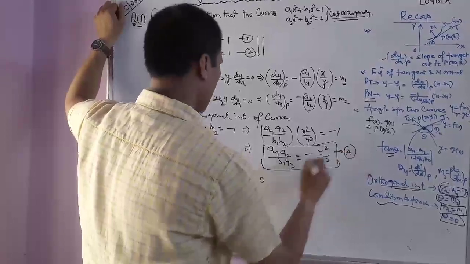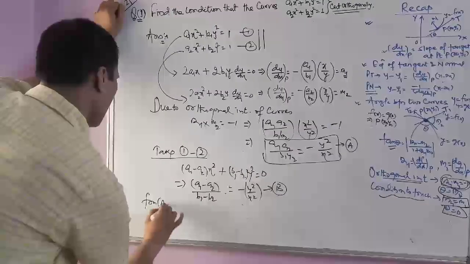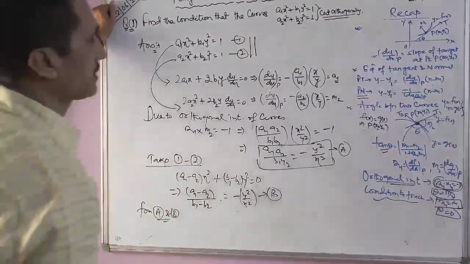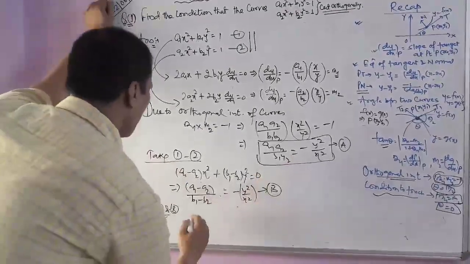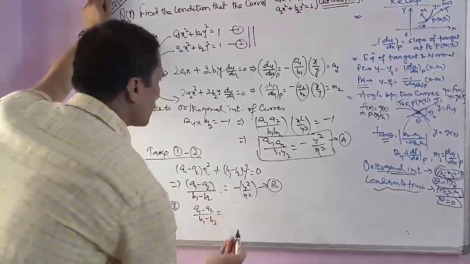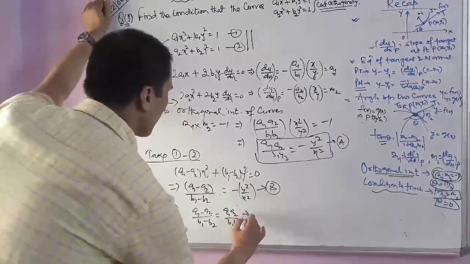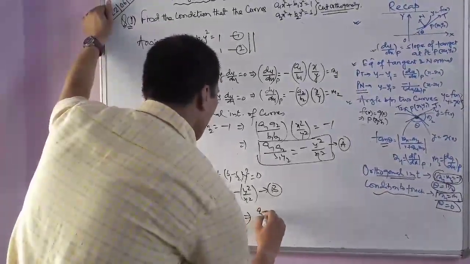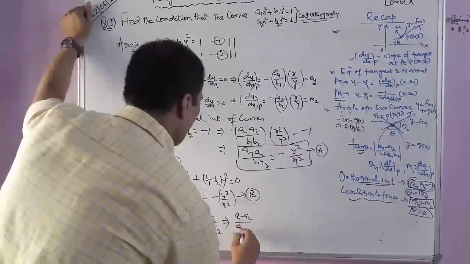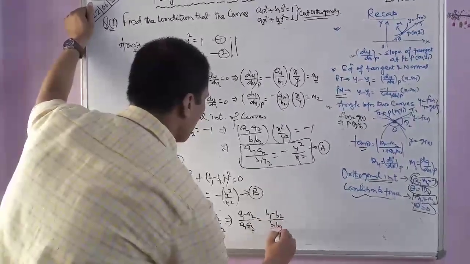Assuming this relation A, this relation B, from A and B, we see here minus y square by x square on RHS will be eliminated. a1 minus a2, b1 minus b2 equals a1 a2 upon b1 b2. a1 minus a2 upon a1 a2 equal b1 minus b2 upon b1 b2.